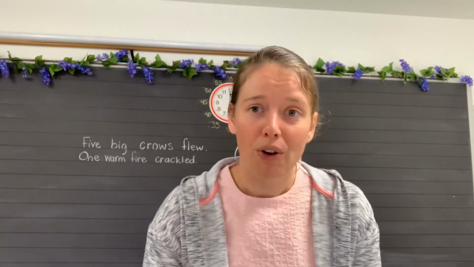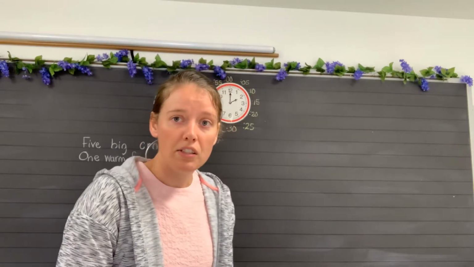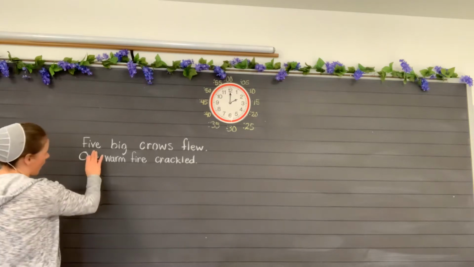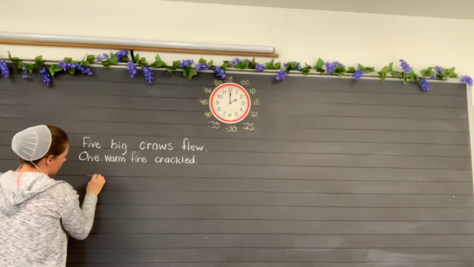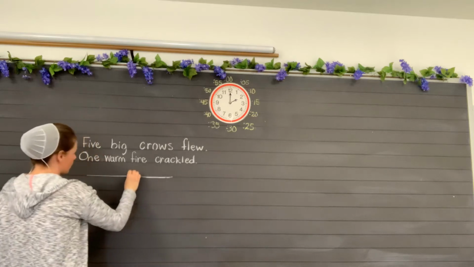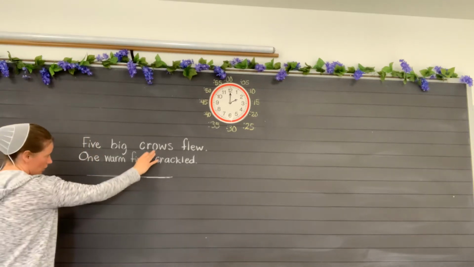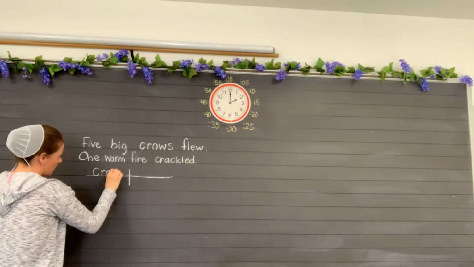And so let's look over here now on the board, second grade. We have some more sentences to diagram, so let's look here on the board. We have 5 big crows flew. So let's diagram that. We'll go like this, and then we'll put crows as the noun. So we're going to put crows right here.